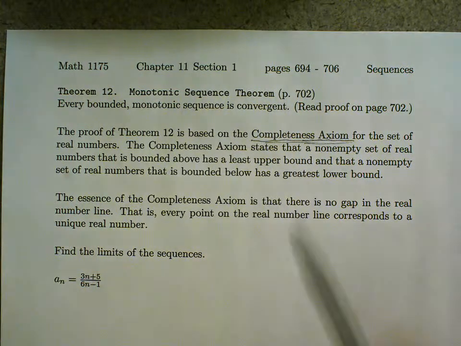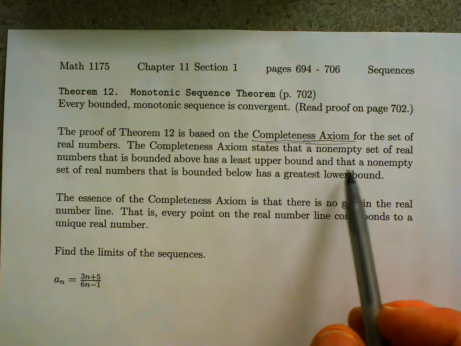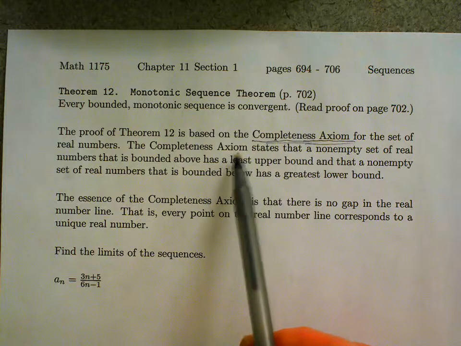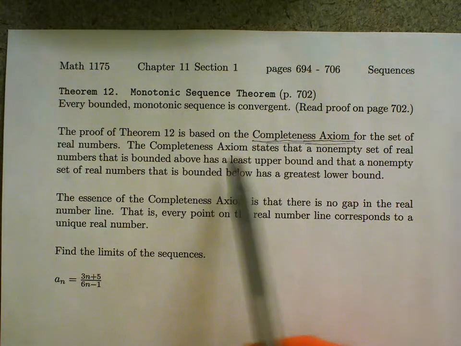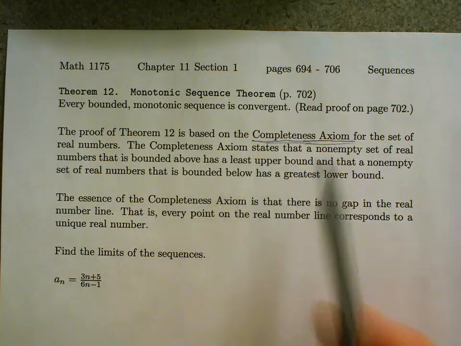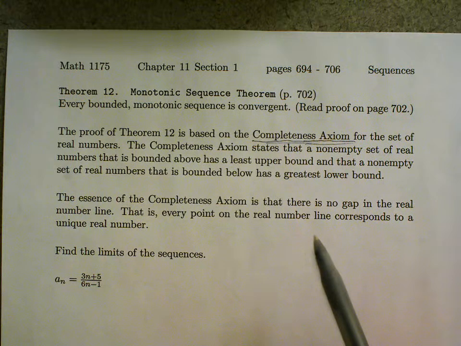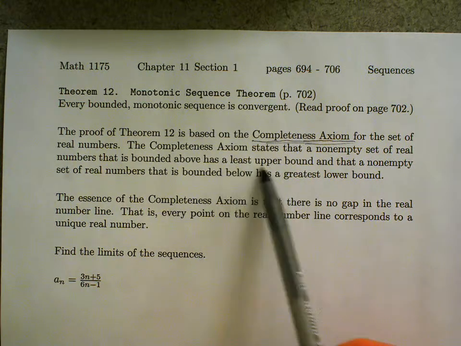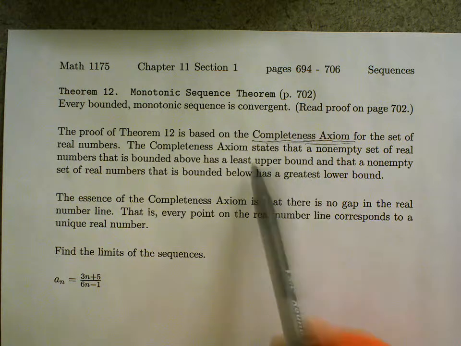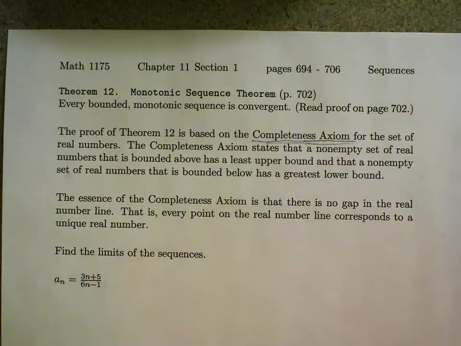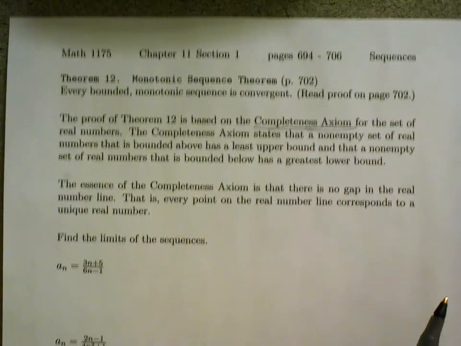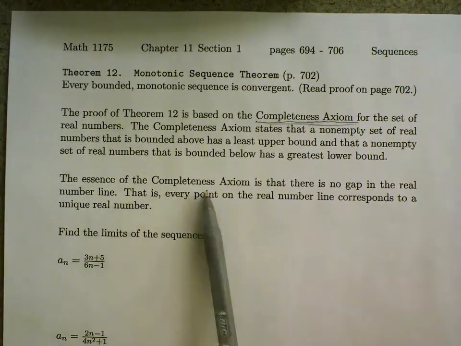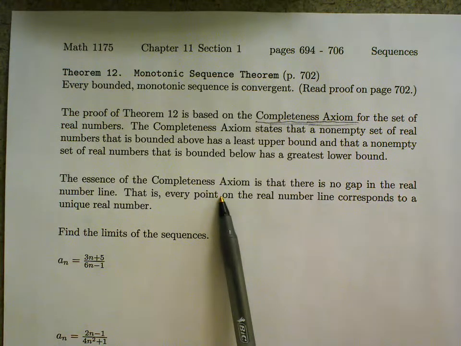So just to reiterate that, if a sequence is bounded above, then there's exactly one number that is the least of all upper bounds. Seems to make sense. The essence of the completeness axiom is that there is no gap in the real number line.